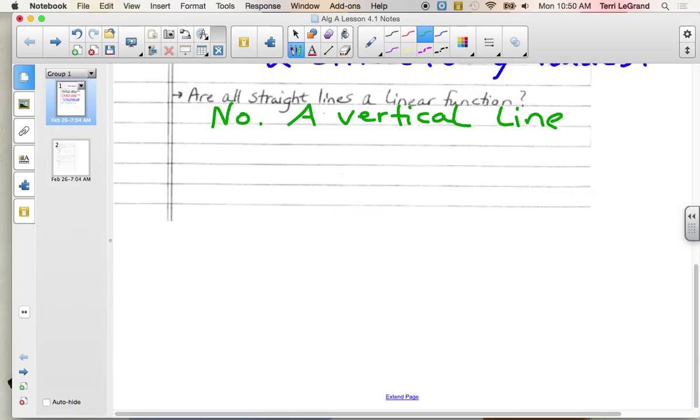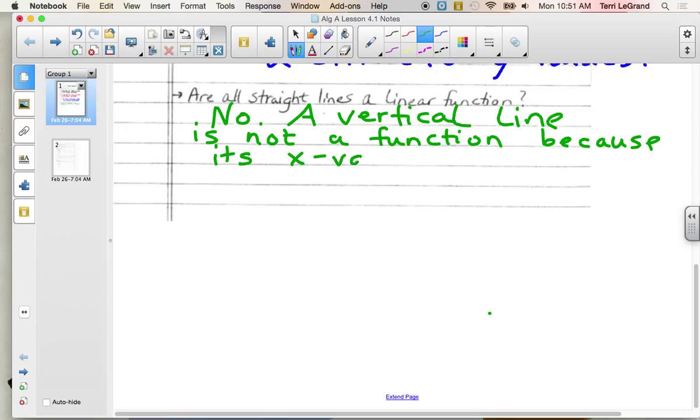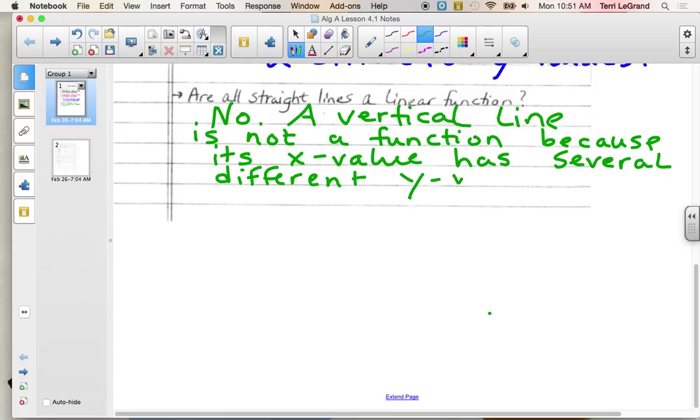A vertical line is not a function because its x value has several, and we could really use the word infinite, several different y values.